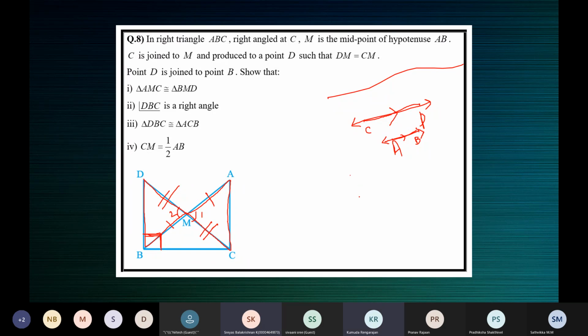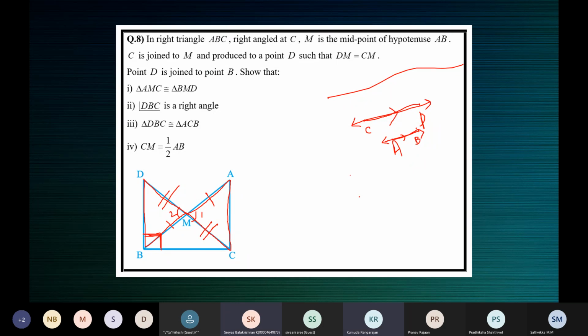So angle BCA plus angle DBC is equal to 180 degrees. Why? Both are allied angles, co-interior angles.